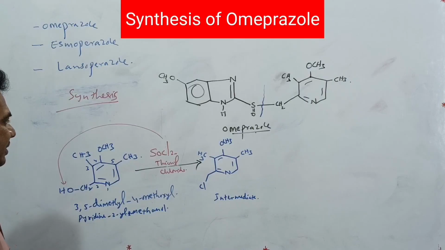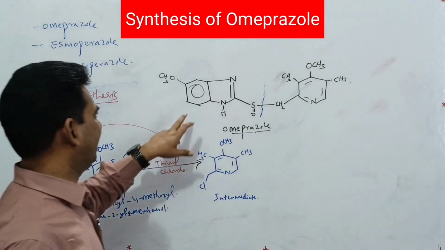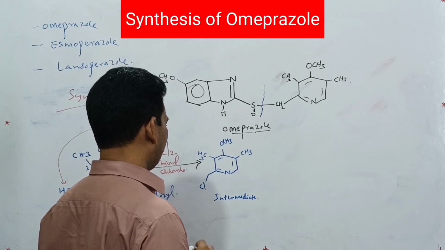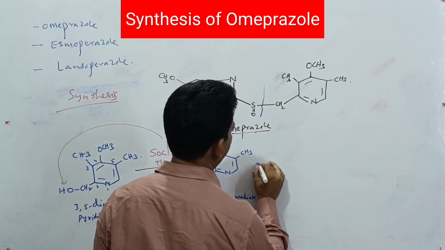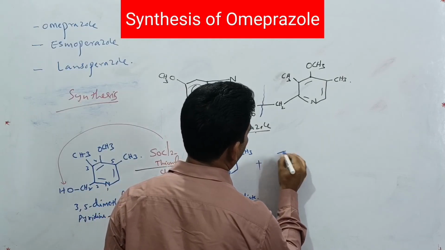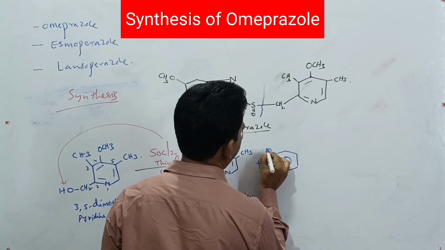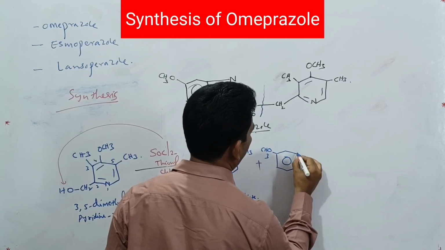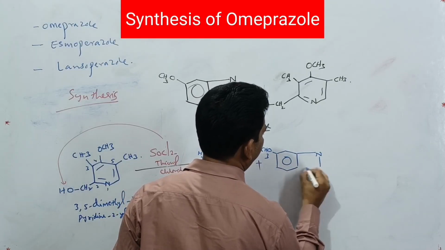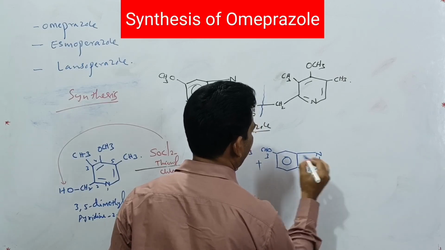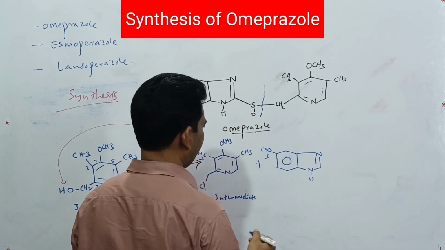Now in the next step, what exactly happens is that it reacts with benzimidazole. Which benzimidazole? Remember, that benzimidazole has at the fifth position the methoxy group, fused with imidazole. That's why it is called benzimidazole.